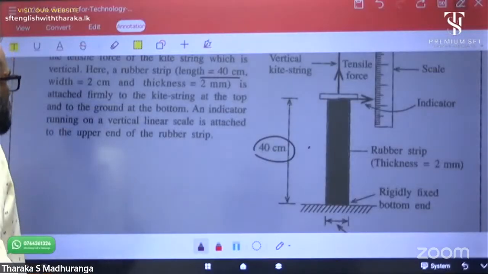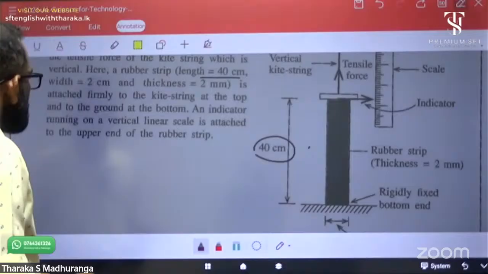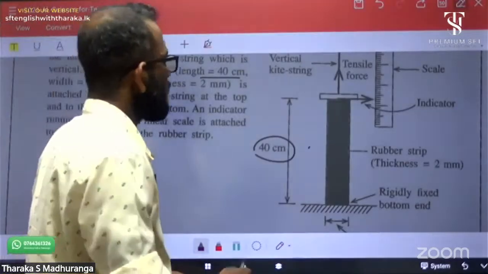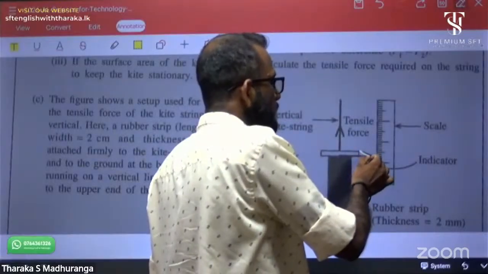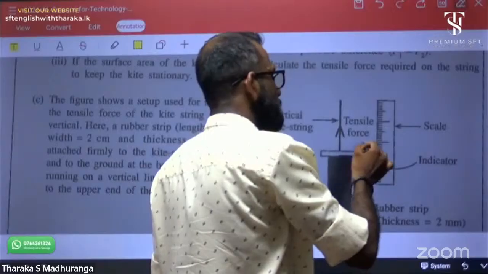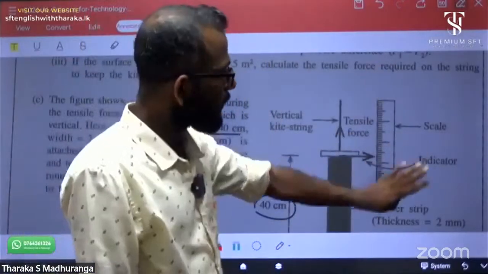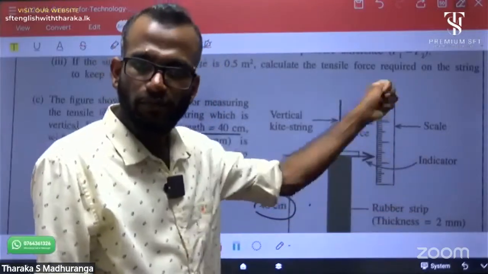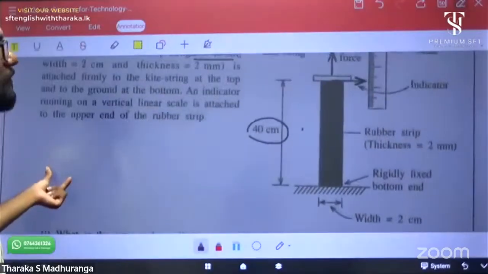An indicator running on the vertical linear scale is attached to the upper end of the rubber string. Indicator means just an arrow mark, set up with the linear scale for the measurement.